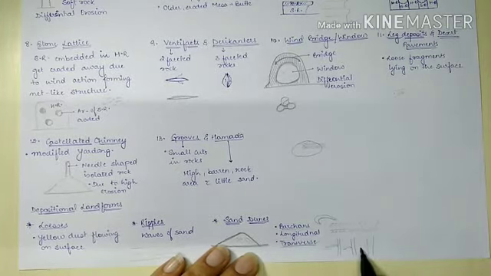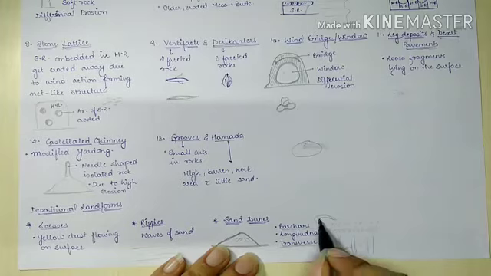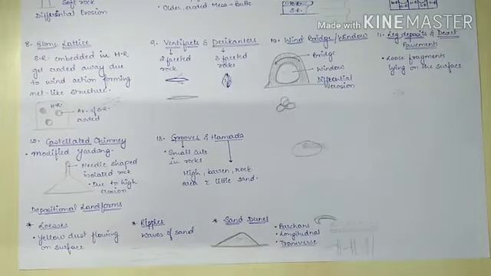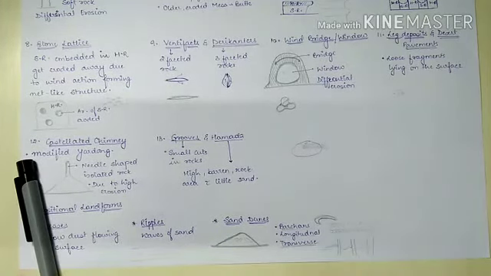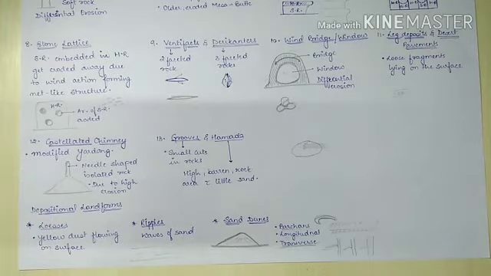So these are the transverse, these are longitudinal, and these are barkhans. We have other sand dunes also, like star-shaped sand dunes, conical sand dunes, etc. But these are the main types of sand dunes that we find. So that was all about aeolian landforms.